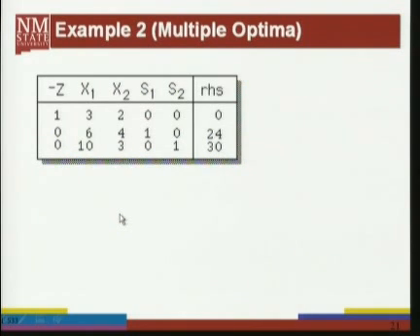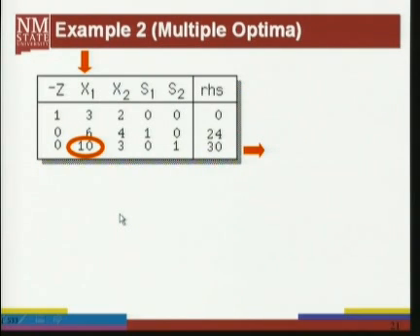And if you look at the relative profit, we see that the current basic solution is not optimal, because there are two positive values of relative profit, which means increasing either x1 or x2 will increase the current objective function value. So in this case, we may arbitrarily select x1 to be increased. That is, x1 will enter the basis.